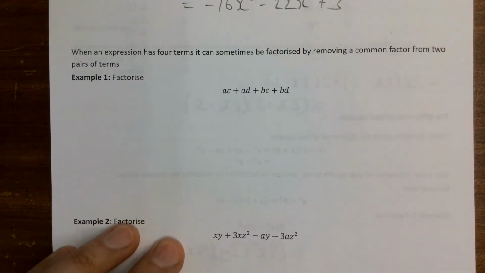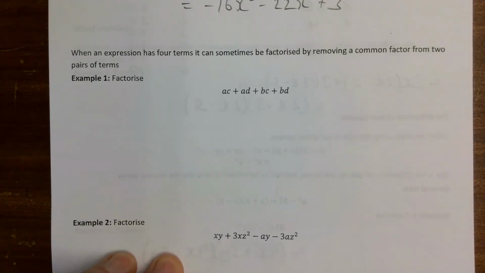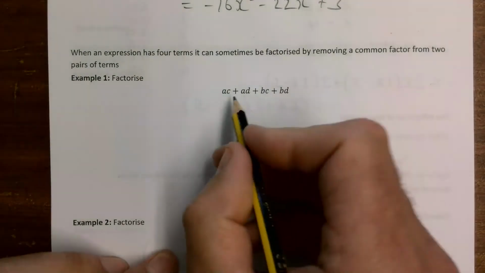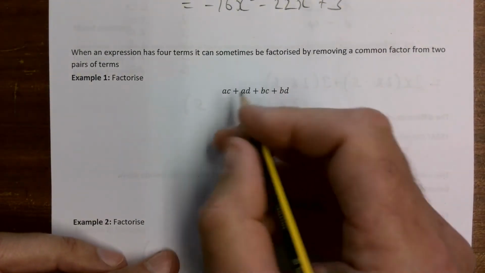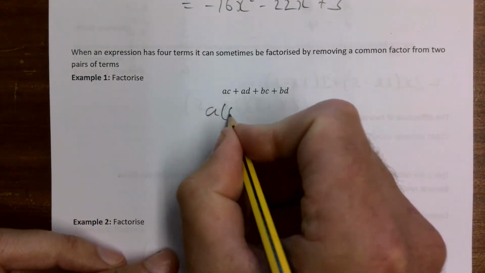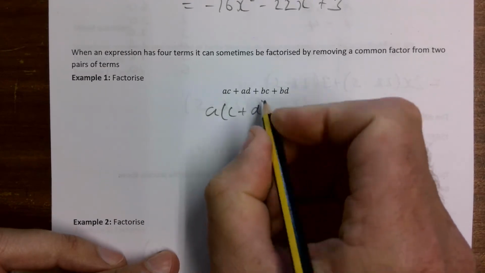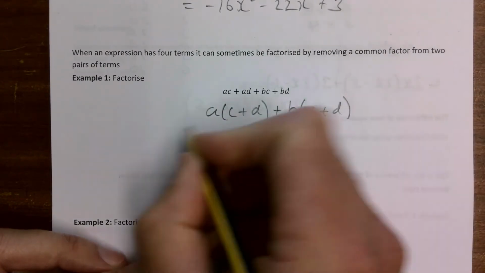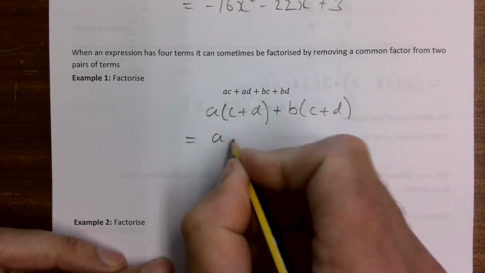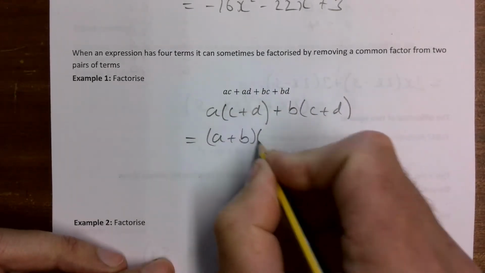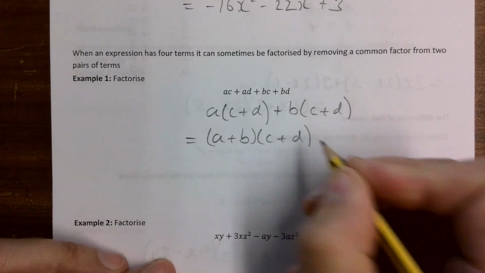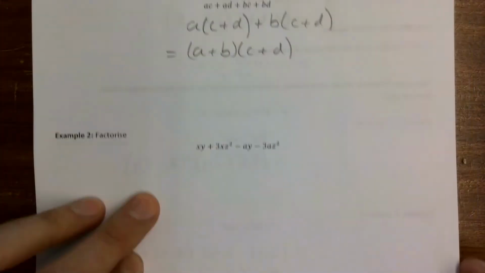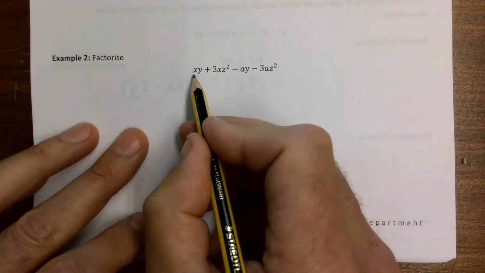Next bit then, when an expression has four terms in it, it can sometimes be factorised by removing a common factor from two pairs of terms. So look here, you can see there's a common a, so if we take that out, that's going to give us a upon c plus d plus b upon c plus d, and it's a bit like our quadratics we were doing earlier. We end up then with an a plus b upon c plus d. Similarly down here, so what are our common factors?